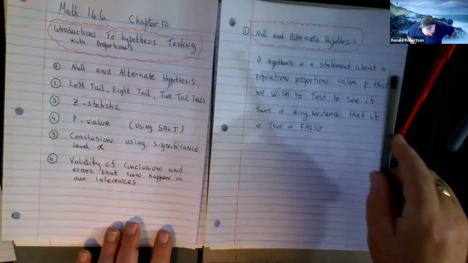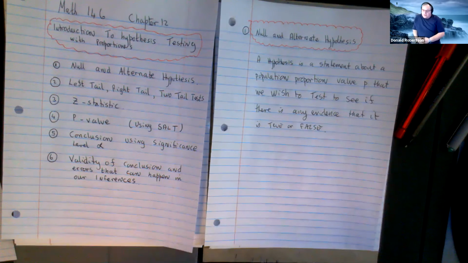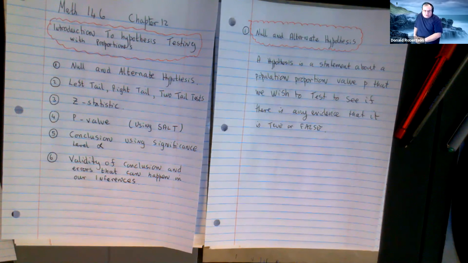And alpha takes various values, but its most common values are 0.1, 0.05, and 0.01, right? And then we'll look at validity of conclusions and errors that can happen when you do this type of inference.